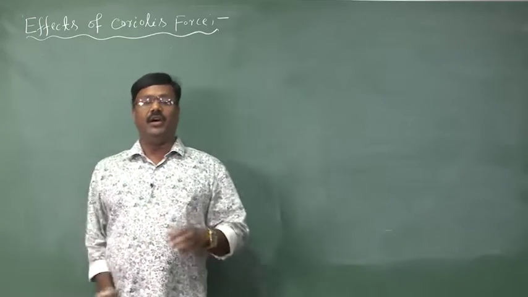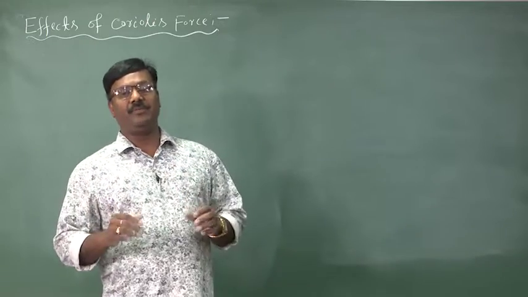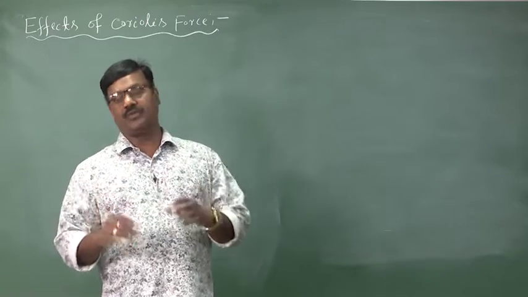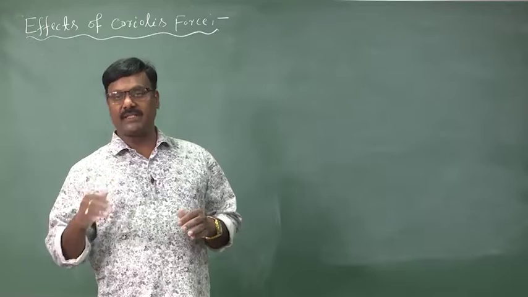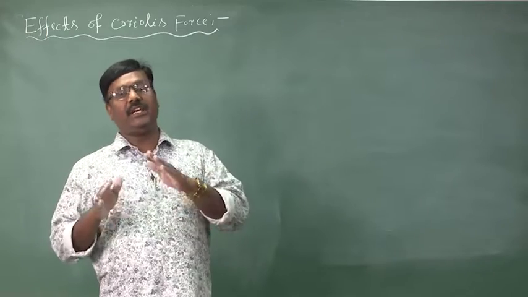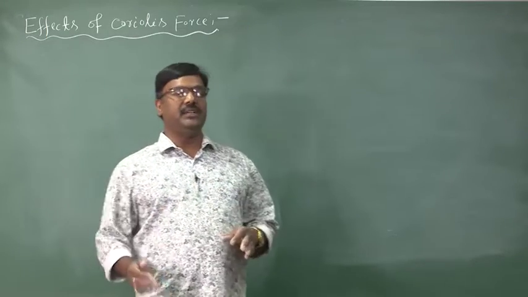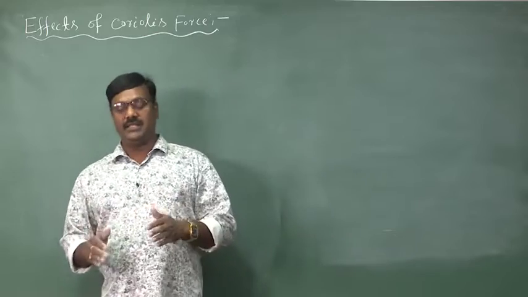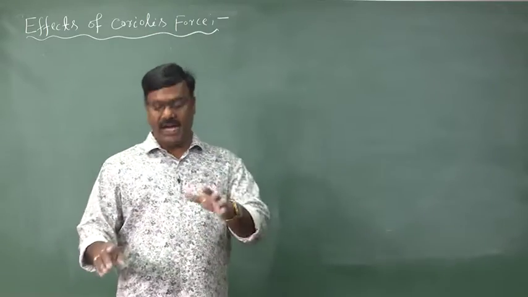And in the northern hemisphere, if a body moves on the surface of earth, then it will deviate from its path towards the right, that is the east of earth.